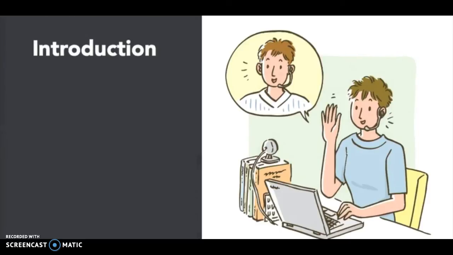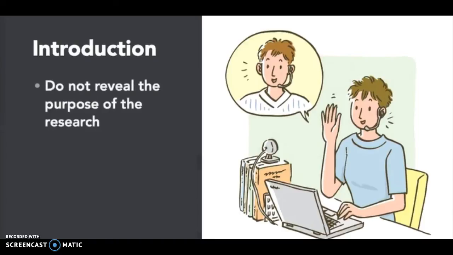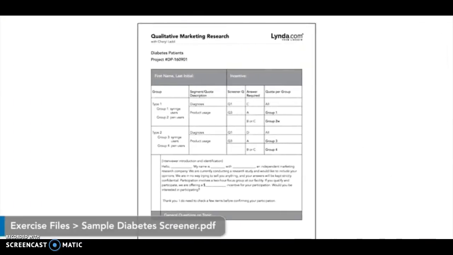Once you contact them, then you explain the project, but you don't reveal the purpose of the research. For example, here, you can see an example about diabetes patients.